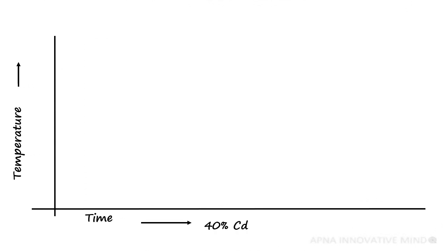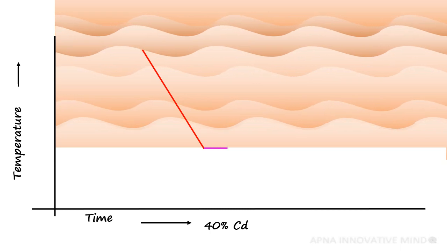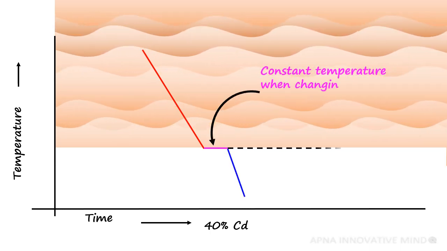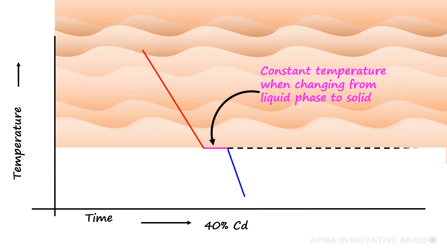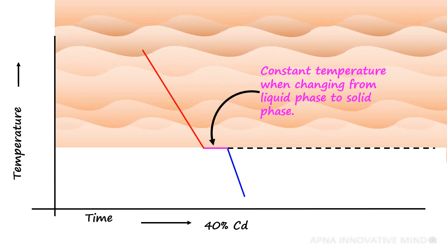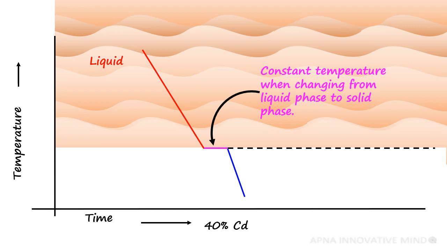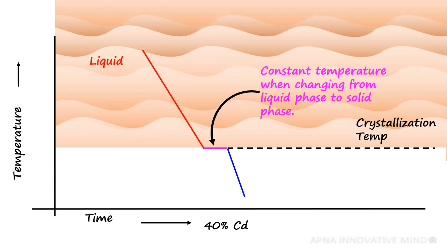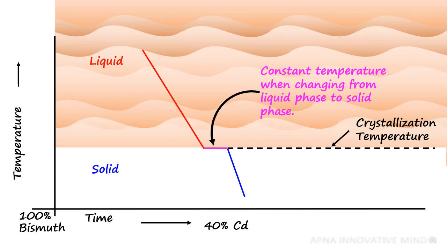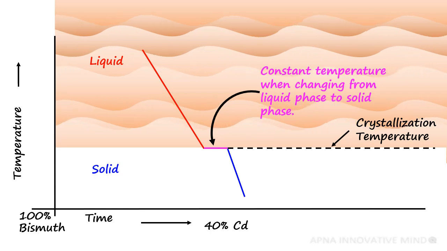When bismuth along with 40% cadmium are heated to liquid phase and cooling curve plotted till solidification, we observe that just like pure element, temperature remains constant till entire metal is solidified. Again, temperature drops and metal cools. Here we have liquid phase above crystallization temperature and solid phase below it.